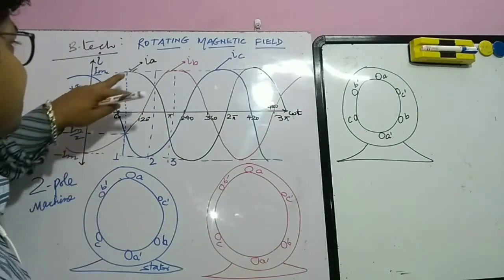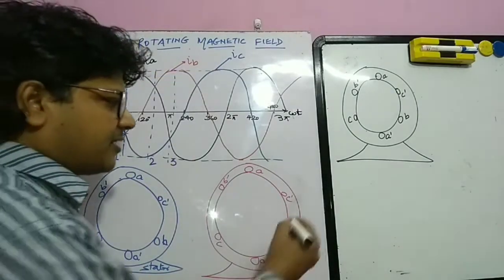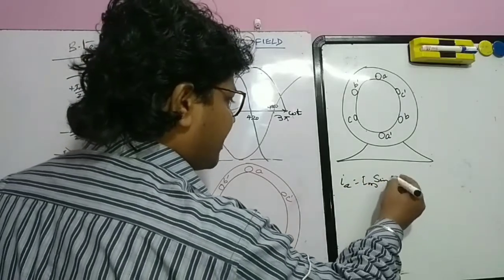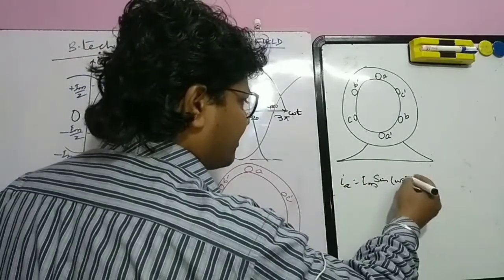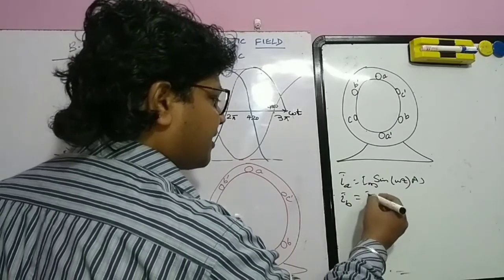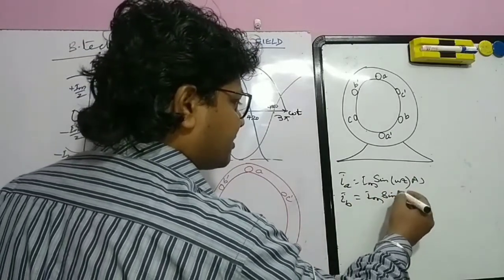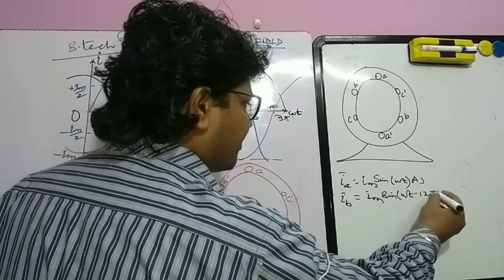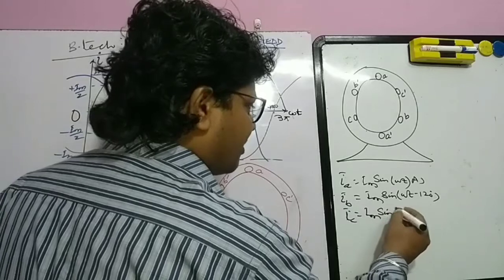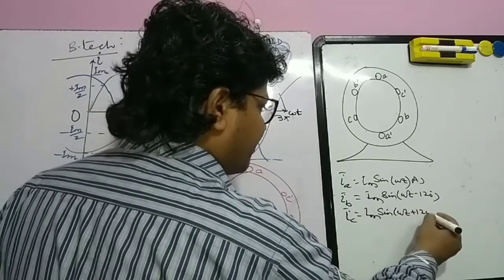We can write IA equals Im sine omega t amperes. IB is another phase current, Im sine omega t minus 120 degrees, and IC is Im sine omega t plus 120 degrees.